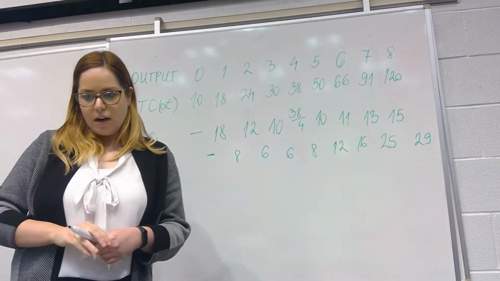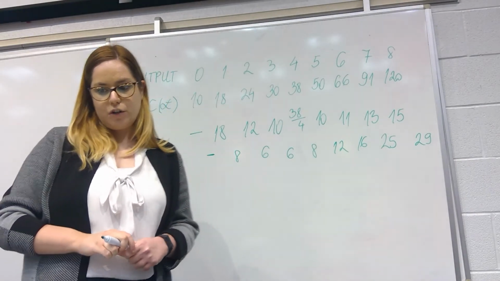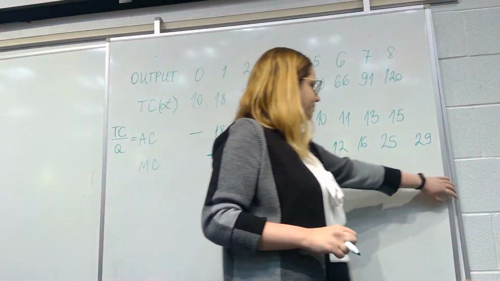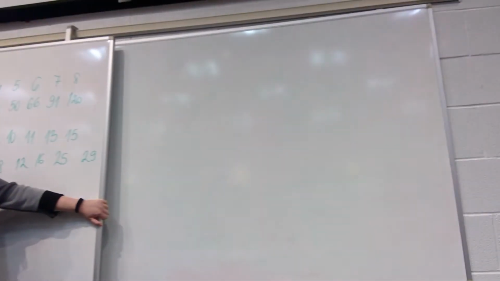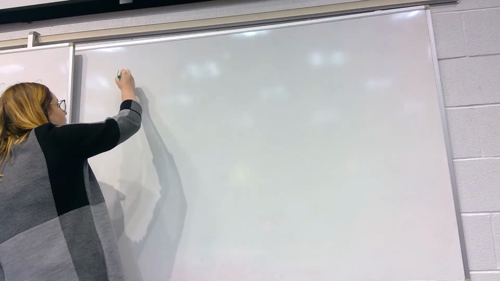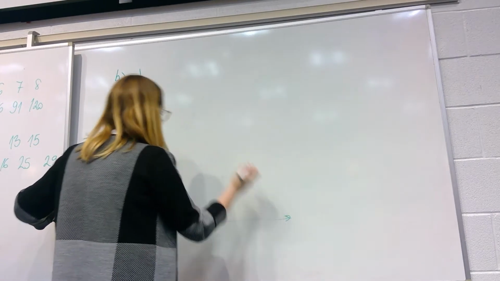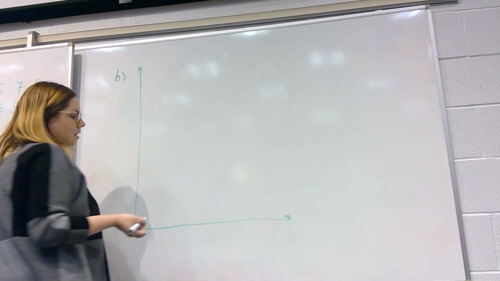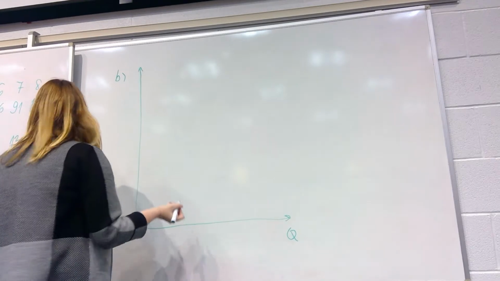Under B, we are asked to plot average cost, marginal cost, and marginal revenues on the chart, which we are going to do next. So on our x-axis, we always have quantities.